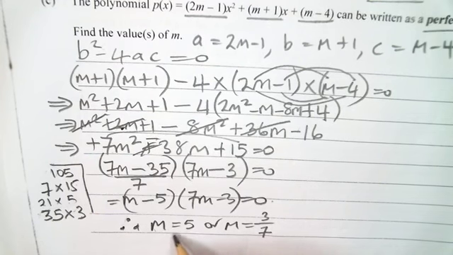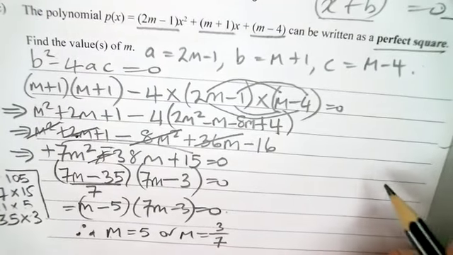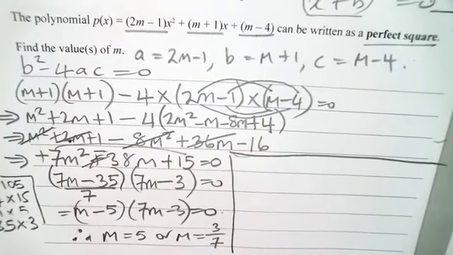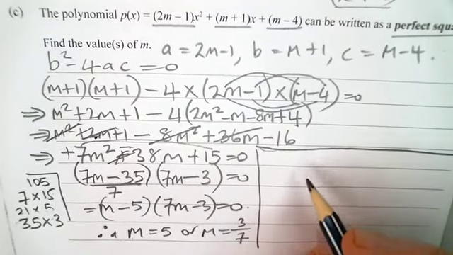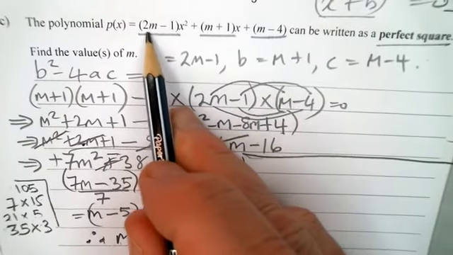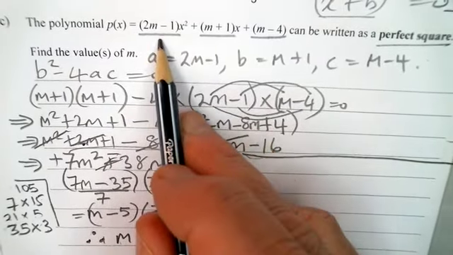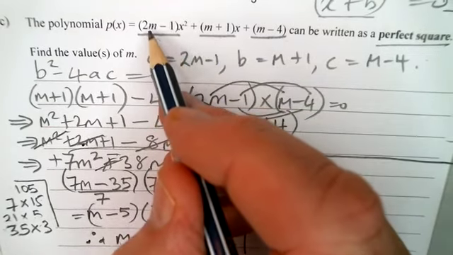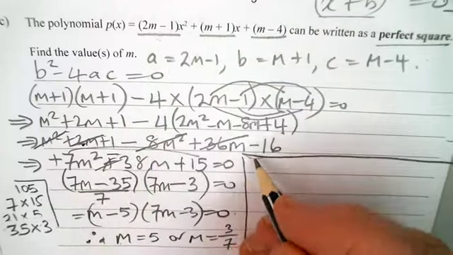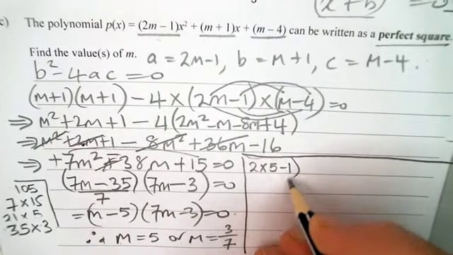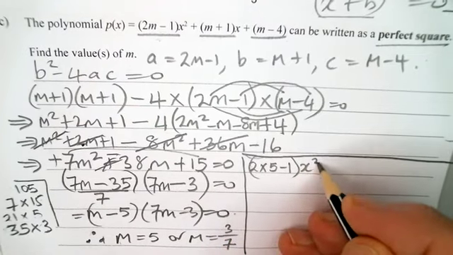Well, let's check m equals 5 first. So I'm actually just going to make a little insert here. Let's go back to the original equation, and I'm going to make all the coefficients here work with a 5, first of all. So I've got 2 times m minus 1, that's 2 times 5 minus 1, that's x squared.